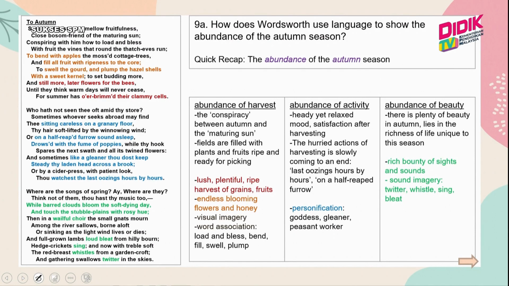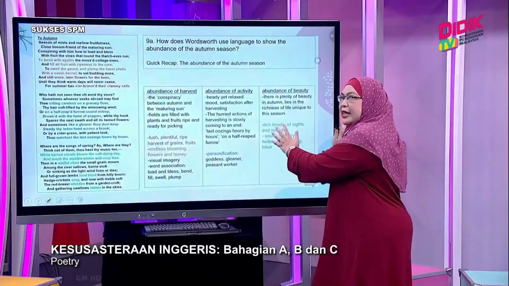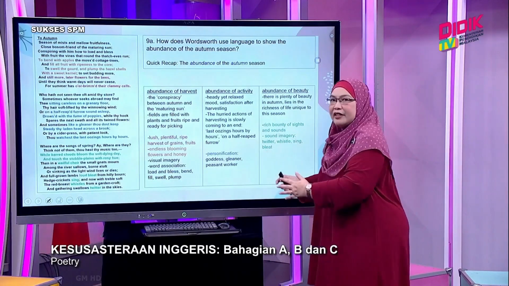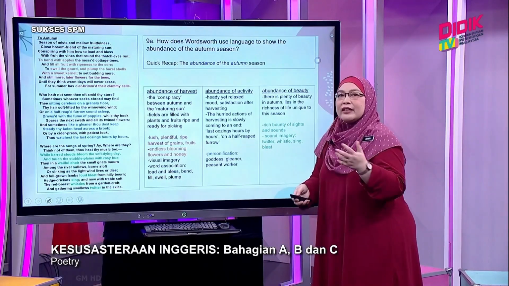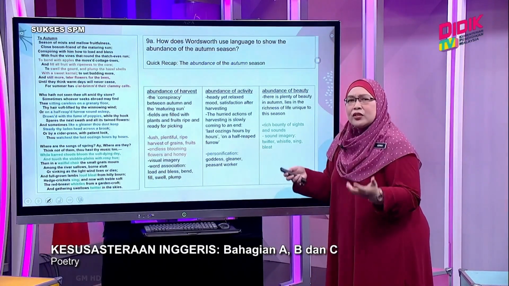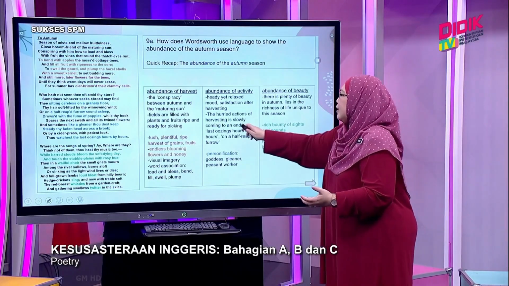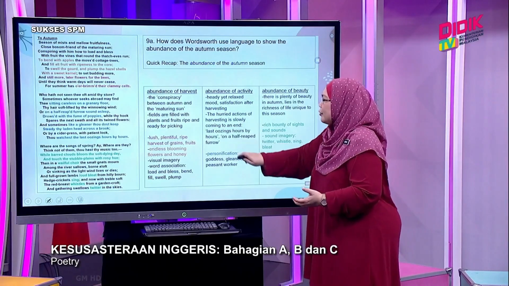All right? So what I did was, as you can see, I mentioned here, this is like a recap for candidates. I mentioned here, when you're looking at the harvest that takes place during the autumn season, what do you see? A lot of visual imagery. The season is lush, plentiful.